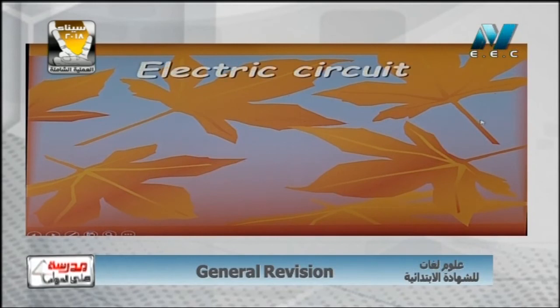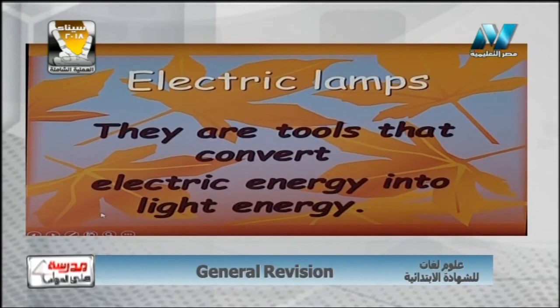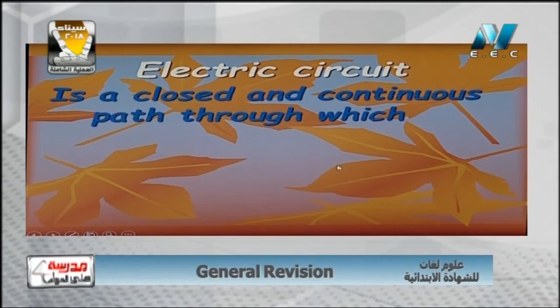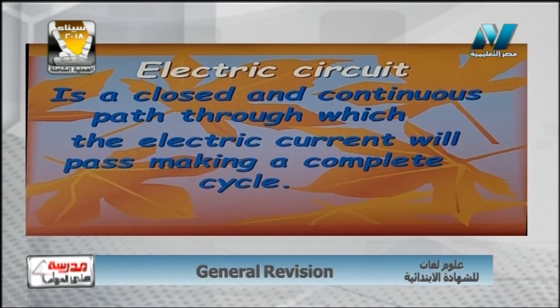There is a difference here between the electric bulb and the electric circuit. We should be careful: the electric lamp or electric bulb differs from the electric circuit. That is one definition, and the electric circuit is another definition. It is a closed and continuous path, a closed and connected path, which the electric current passes through making a complete cycle.